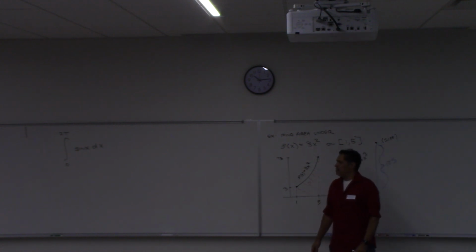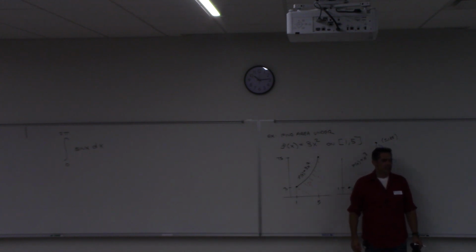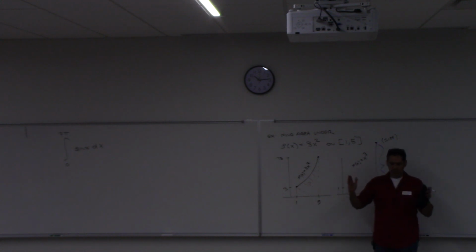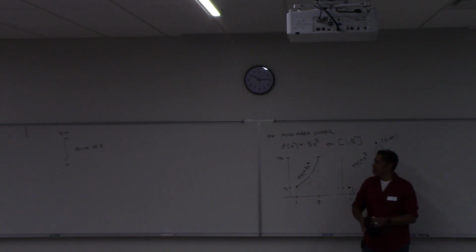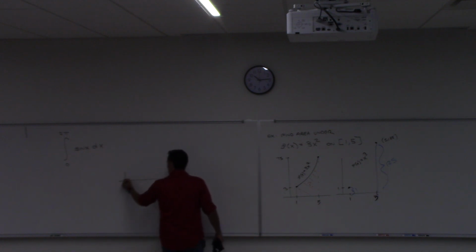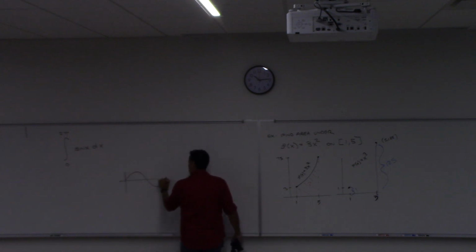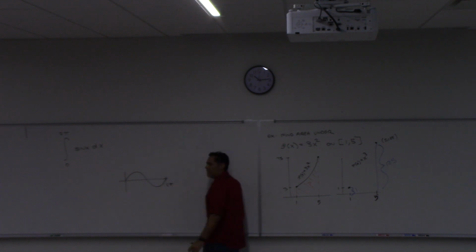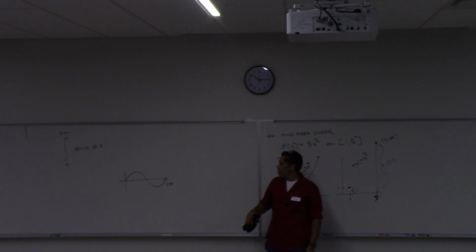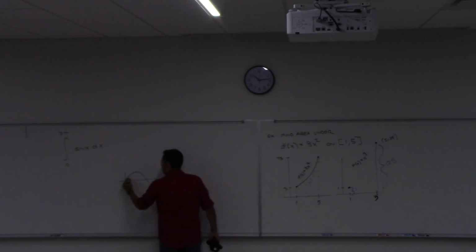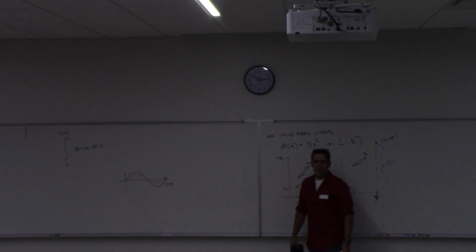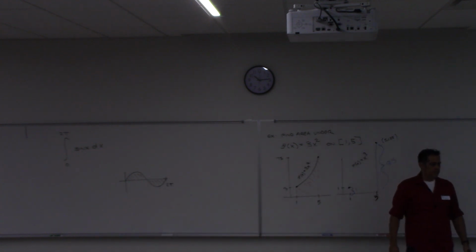What is this asking you to do? Find the area between 0 and 2 pi of the sine function, right? So if you graph sine, which we all should be comfortable graphing, sine goes through one period, 2 pi. And I'm trying to find the area between the graph and the x-axis, right? So we're talking about trying to find this area and that area together, right? Trying to find what that is.